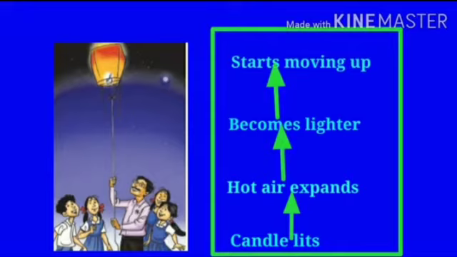So student, we have seen that if we want that lantern to fly up in the sky, we have to light the candle inside the lantern. As you light the candle, the hot air expands and starts heating, and due to that heat, the air becomes lighter and lighter.